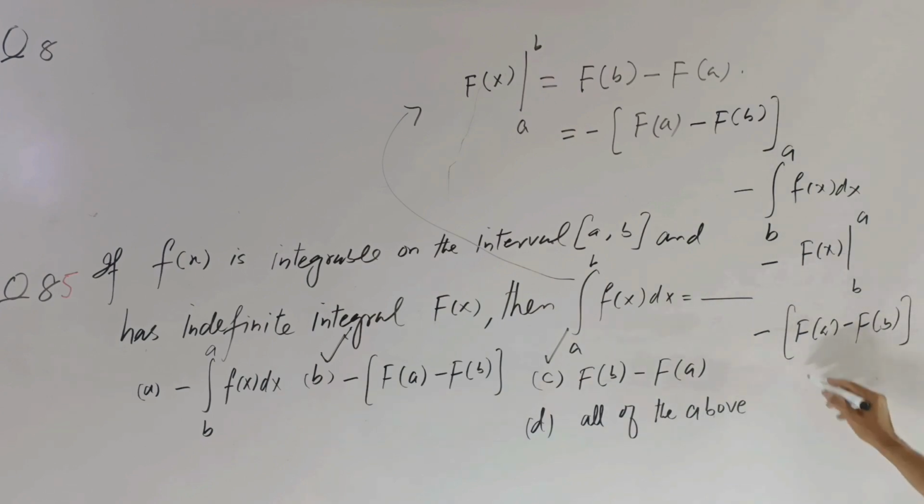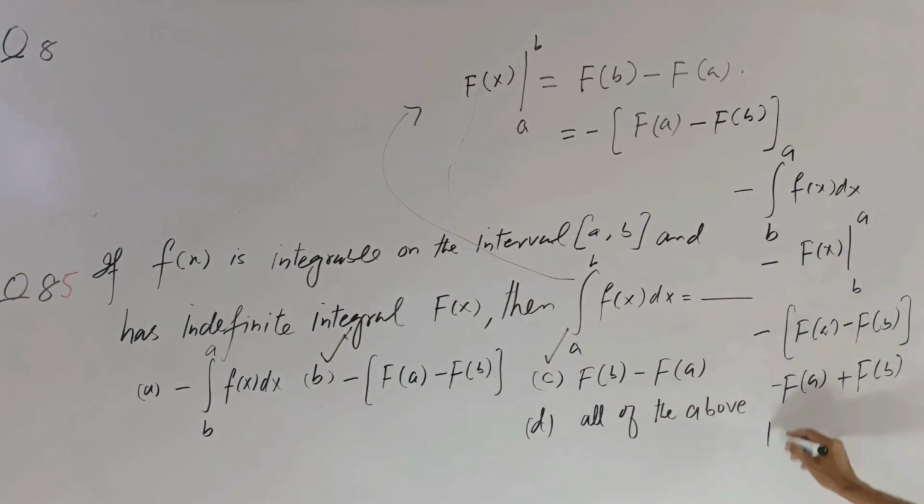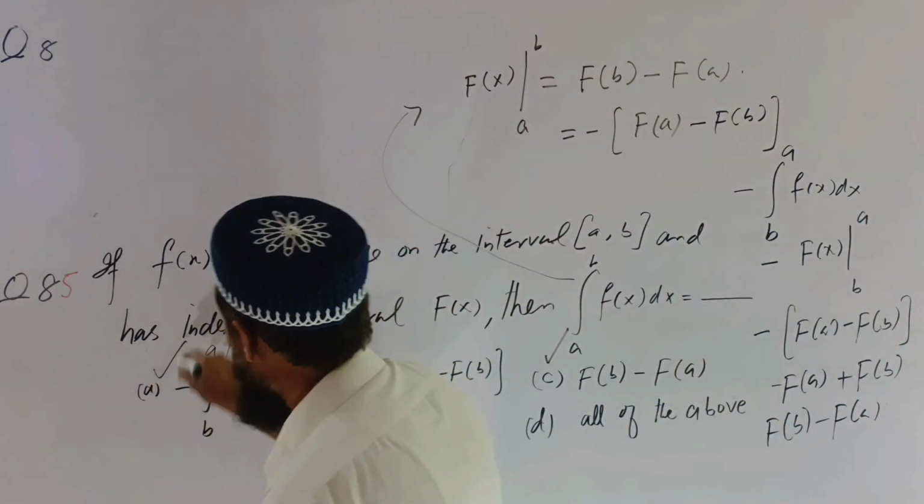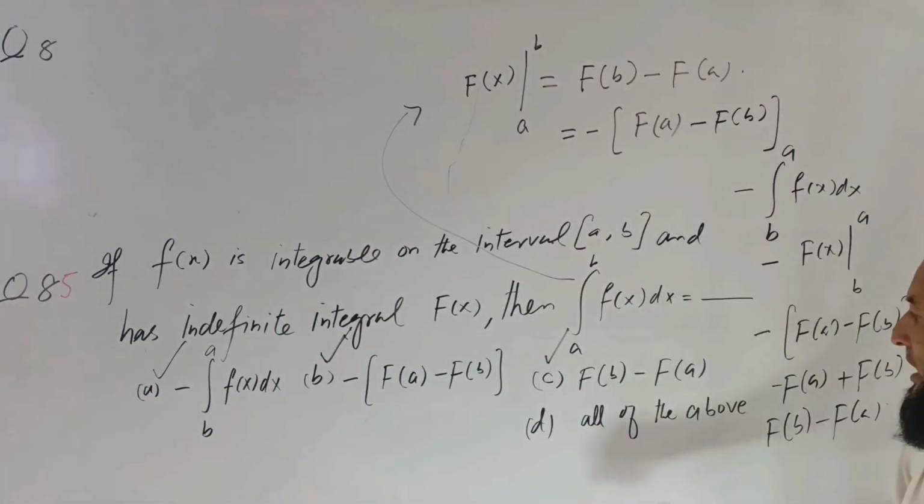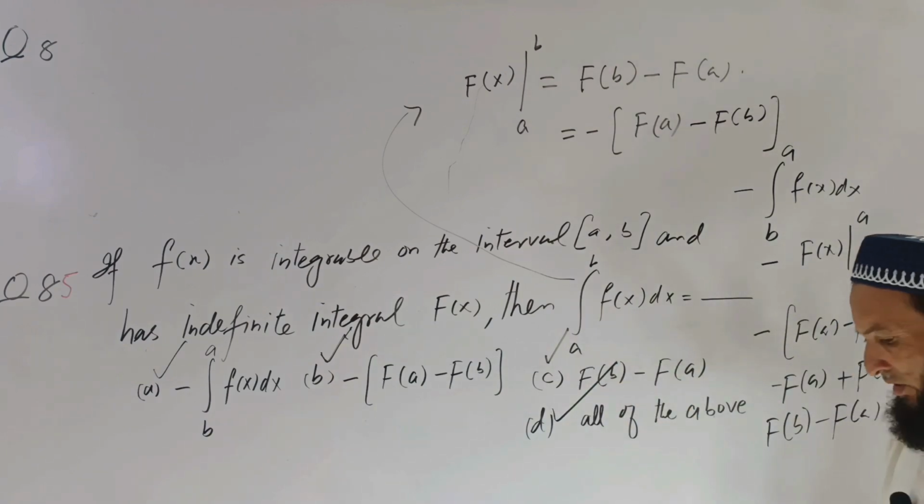If we multiply, we get minus f of a and plus f of b. If we arrange the terms, f of b minus f of a. So option A is also correct. It means that all of the above are correct.